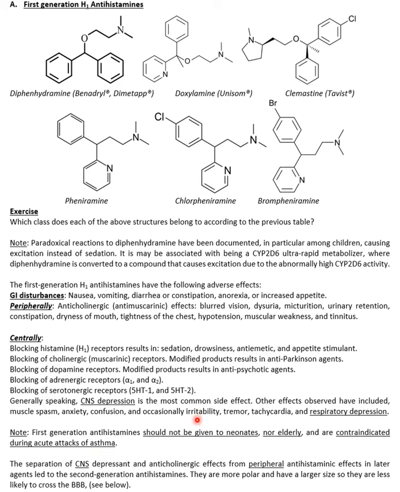And I also remembered one thing: among these central effects, sometimes we could actually use these effects to our advantage, like to design anti-Parkinson or antipsychotic drugs, improve the appetite, or treat nausea and vomiting. In fact, Benadryl has been used for that purpose.